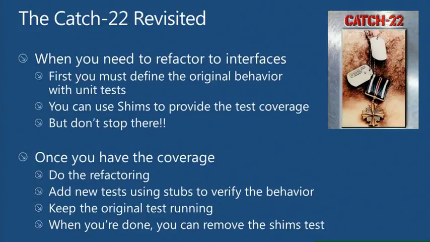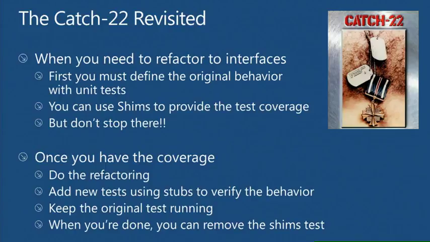And as I say here, but don't stop there. The right thing to do when you have the control of both sides of the code is to keep going and aim for a good design. Start doing the refactoring you need to do using the tests we created, using these shim tests in order to know that we have the behavior locked down.